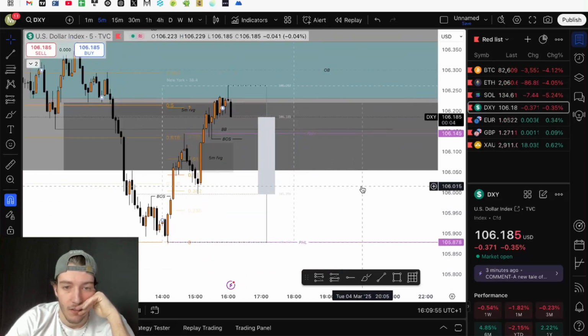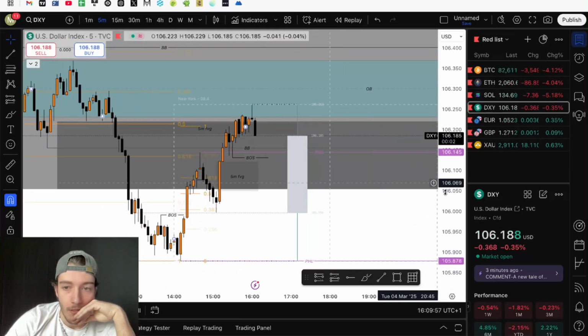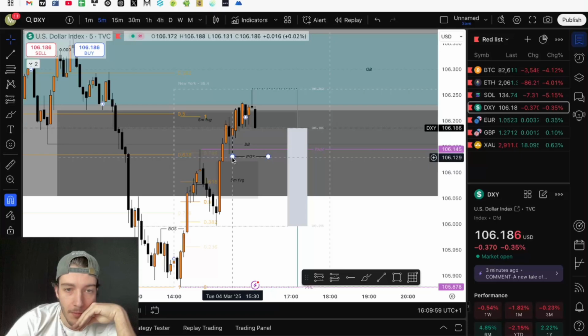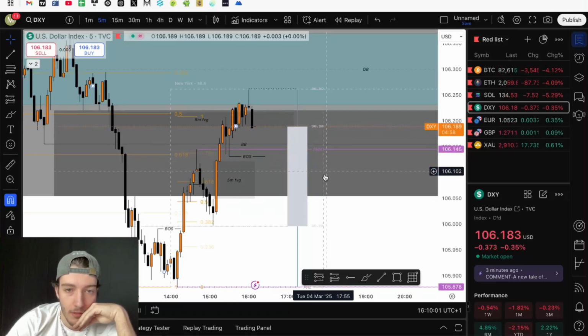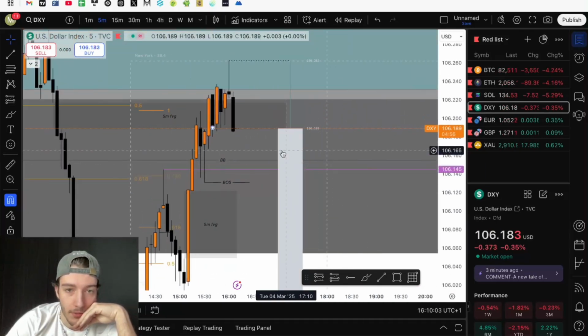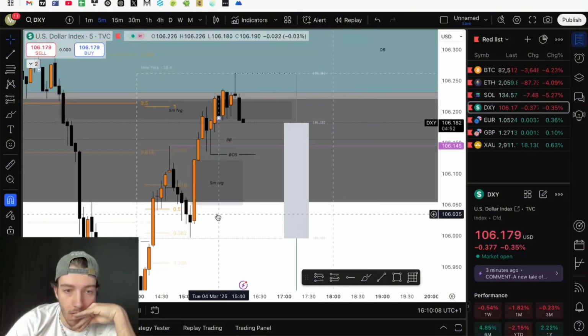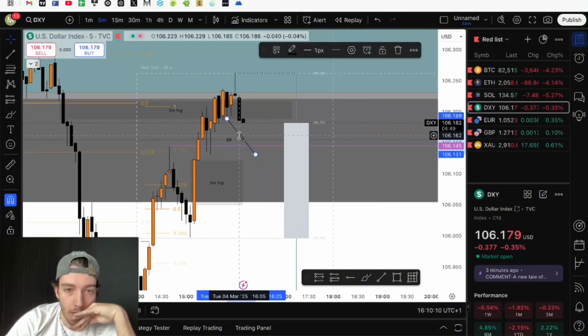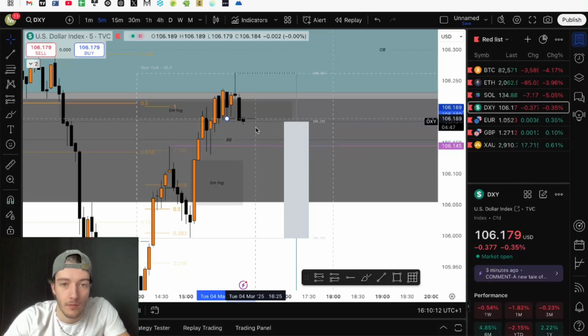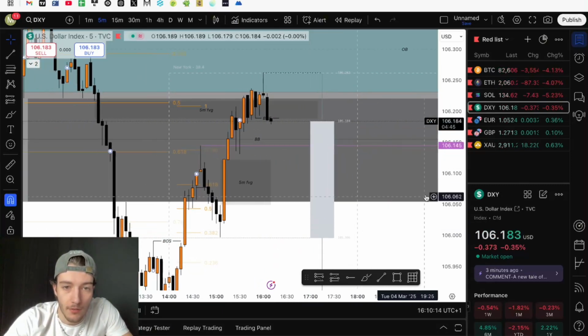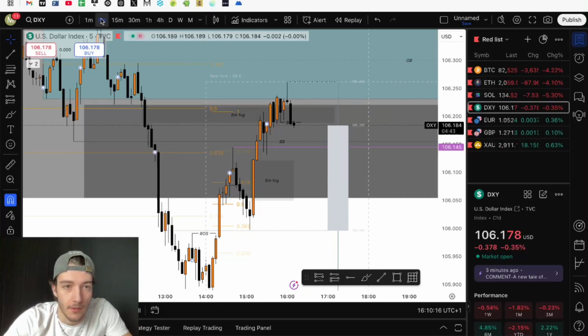Nice. So a 5-minute breakout structure, it actually just did a 5-minute breakout structure right here. Very cool. Candle close below this low. Nice. We got the breakout structure on the dollar on the 5-minute. Cool.